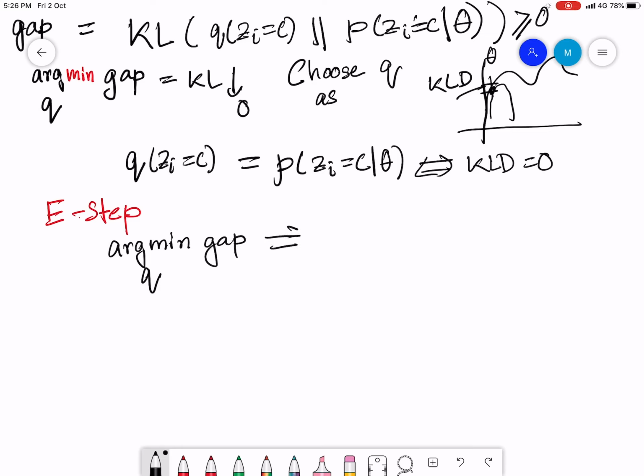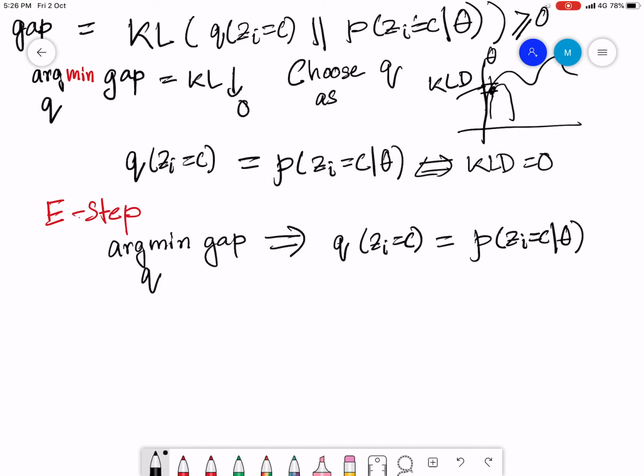That will imply that in the E step you set your Q to be this distribution, the conditional distribution of the latent variable given theta.